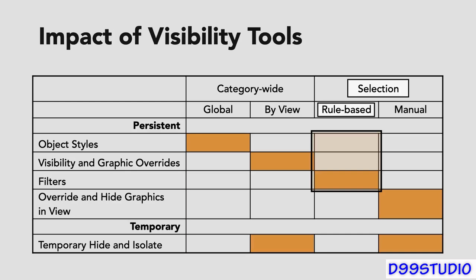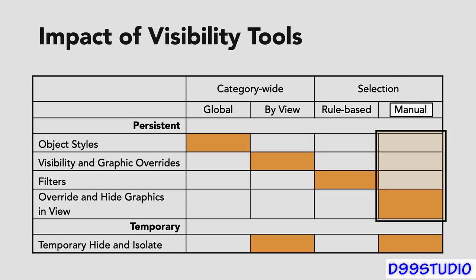This makes filters very powerful and flexible. And because the selection is rule-based, they continue to apply as long as the conditions that triggered them remain valid. Finally, overrides can be applied manually to individual elements. Preferably, this should only be done on rare occasions and when absolutely necessary.